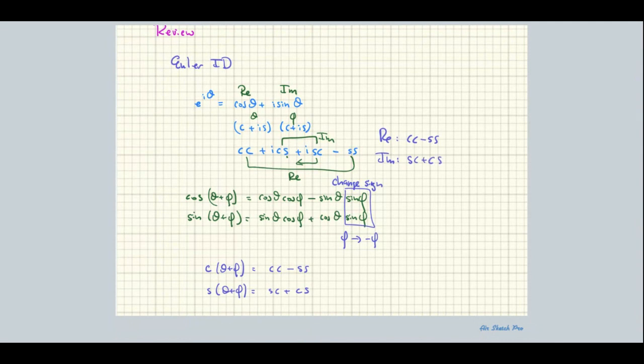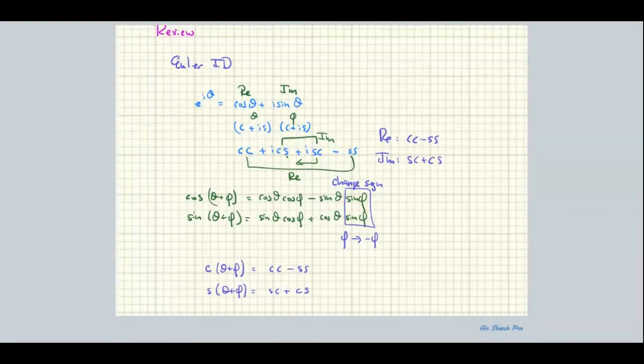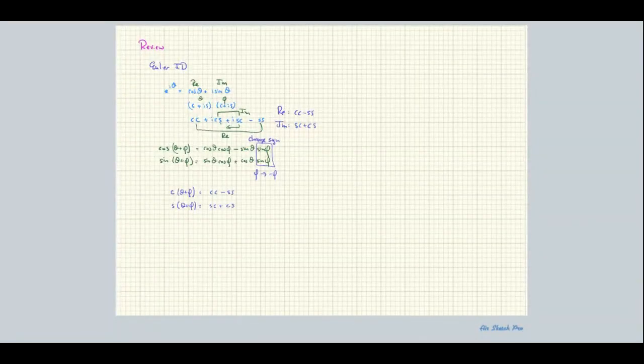And that's enough to be able to remember the sum and difference formulas. The double angle comes from just letting theta equal phi in this. So for the double angle, C squared minus S squared. Or sine of the double angle, well, then SC and CS are the same, so it's 2SC.